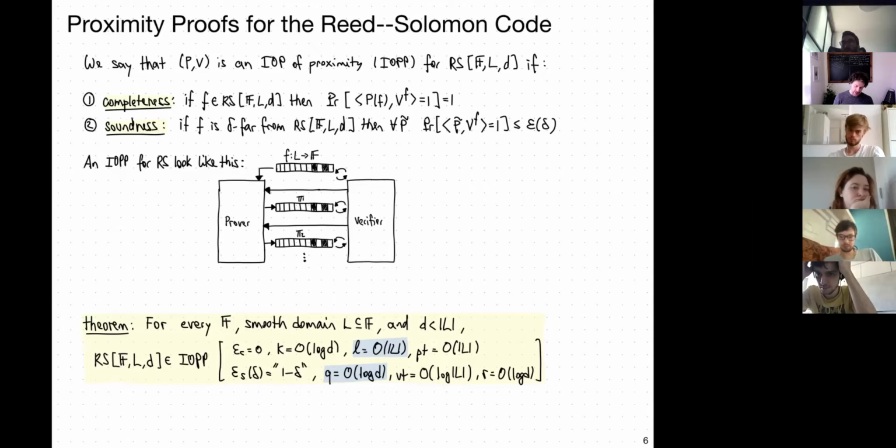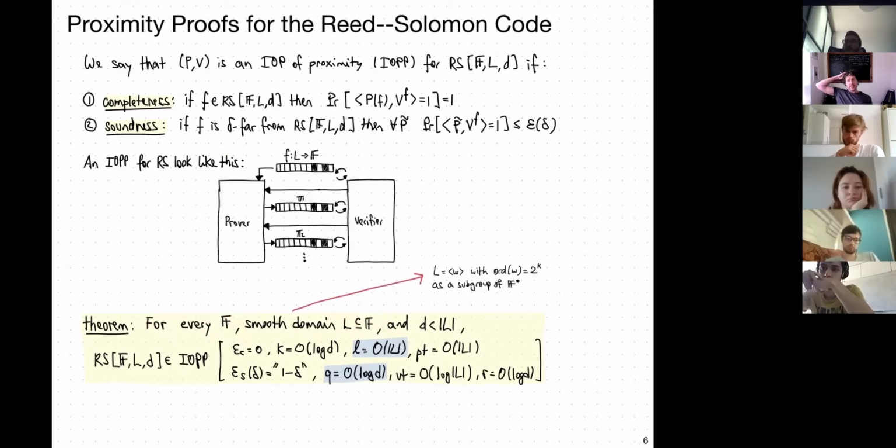So let's start by unpacking the full theorem, and also mention what I mean by smooth domain. We said for any finite field F and some subset of it L, which is smooth. So what is smooth? It's a technical condition which you see all the time in the fast Fourier transform, and you'll see that it's all connected to that.